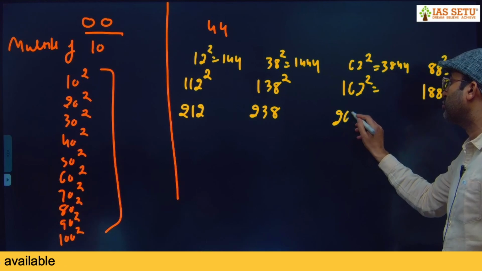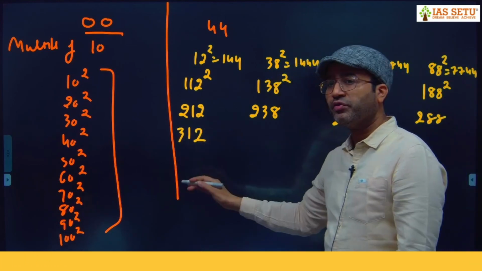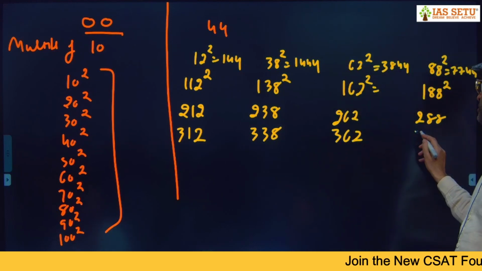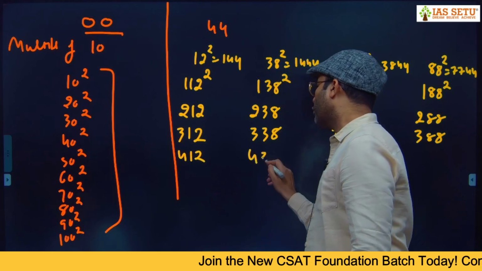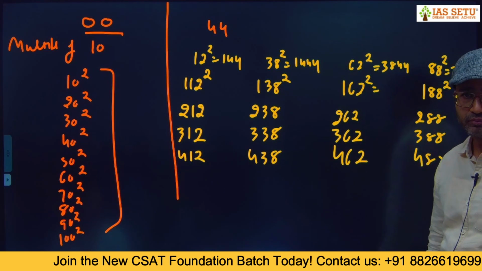Then 262 into 262, 288 into 288, then same. 312, 338 square, 362 square, 388, then 412, 438, 462, 488.